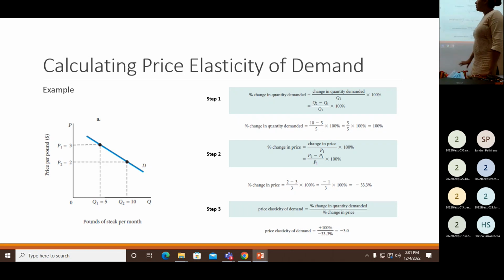Okay. Now here I've taken an example. This is from your reference book, right? There's a price axis, a quantity axis, and a demand curve.